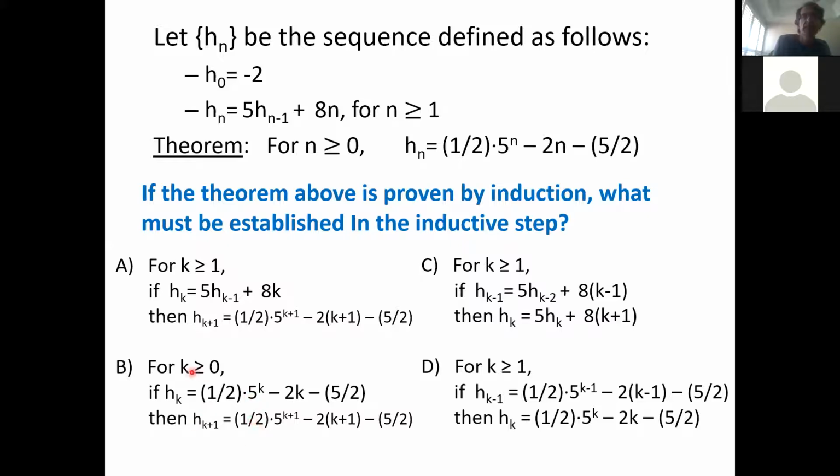And we want to prove it for all K starting from 0, because then the base case and the inductive case are going to be connected, right? If we, for example, prove this only starting from K equal 1, then this would not connect to the base case, because in the base case, we only showed that this is true about n equals 0. So we couldn't instantiate the assumption if we only showed this implication for K starting from 1.